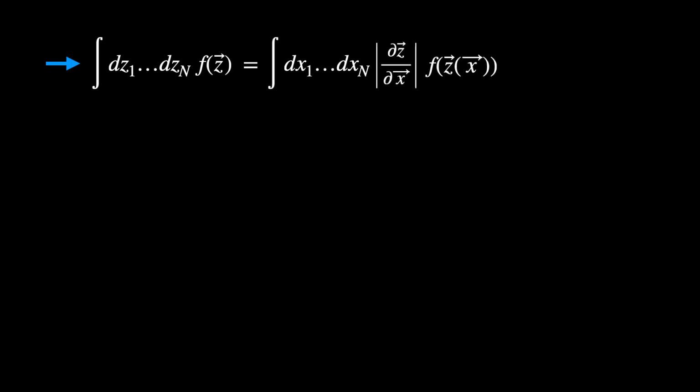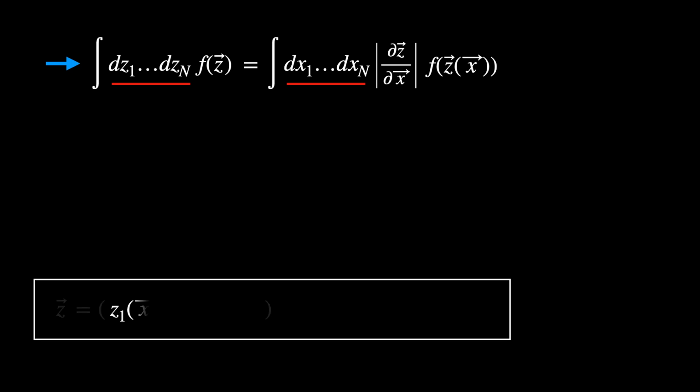On the left-hand side is the original integral in terms of the variables z's. There are n of them. We shall use the convenient vector notation for the whole set. On the right-hand side is an equivalent integral by an alternative set of variables, x.